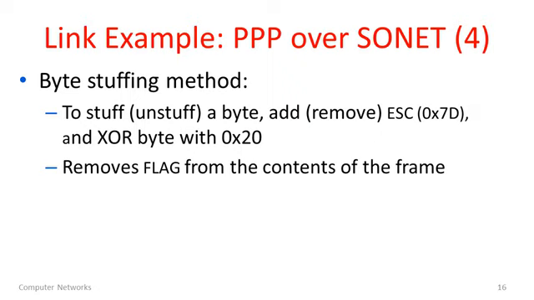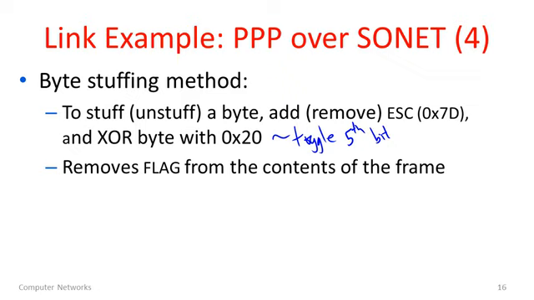To stuff or unstuff a byte, you add or remove the escape character, just as we've seen, and you also XOR the byte which follows the escape character with 0x20. Now if you expand all of those bits and look at that hexadecimal notation, you'll find what that does is toggle the 5th bit.